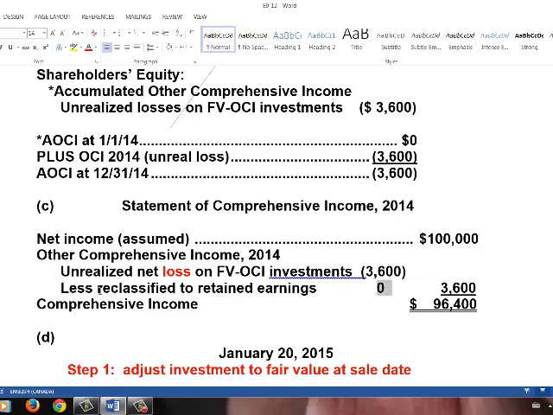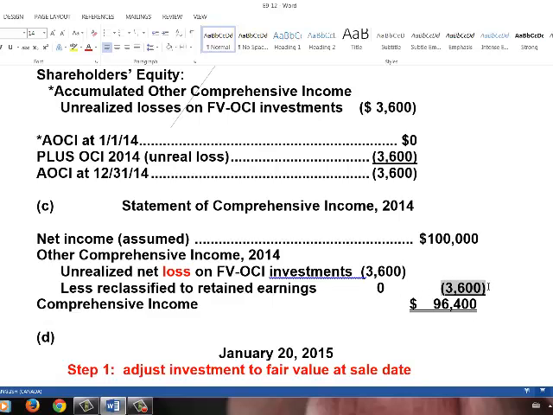In this case, because we didn't reclassify anything to retained earnings, because we didn't sell any fair value through OCI investments, we'd be deducting nothing. So therefore, we would have 3,600 here, and we would deduct nothing here. So we would actually have an unrealized loss. I could just put it in with a bracket, because we've got an unrealized loss here, less 0.